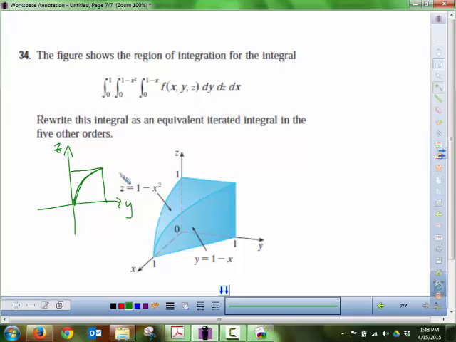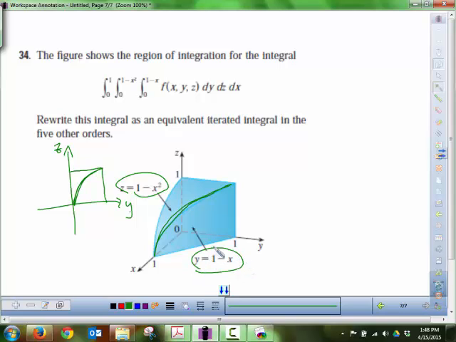I don't know if I can even tell what that is. But what we can do is to try to figure out what this is on the YZ plane. We're essentially looking at this intersection between the cylindrical parabola and this plane.